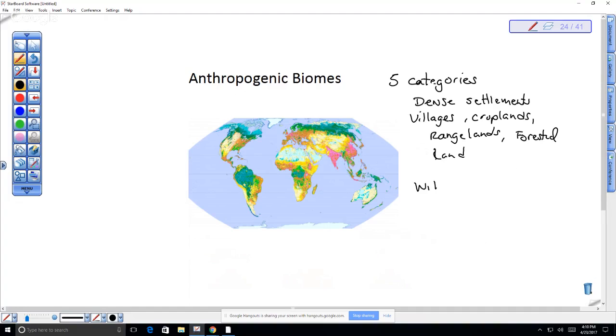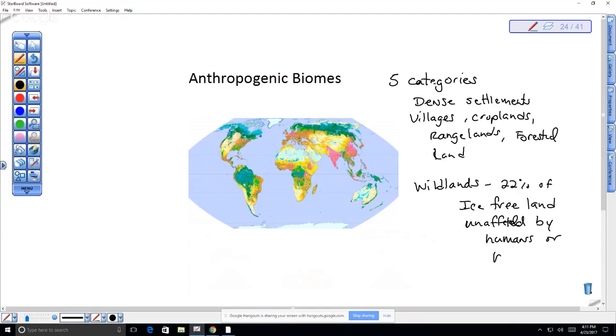Wildlands are areas that humans are not using and not dominating, and that makes up about 22% of ice-free land. This is not including Antarctica. And this is unaffected by humans or human activity.